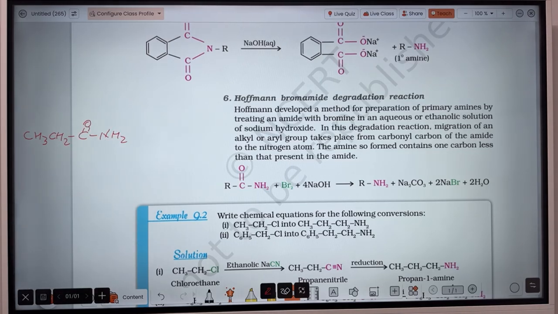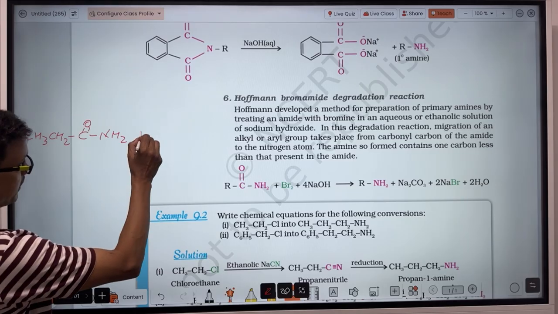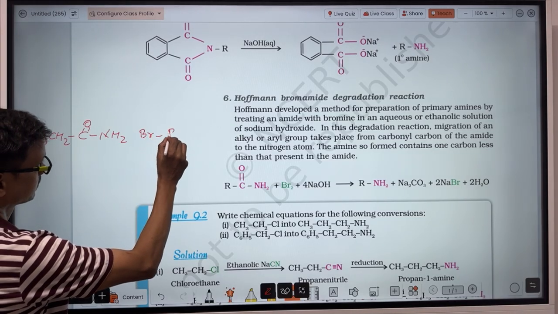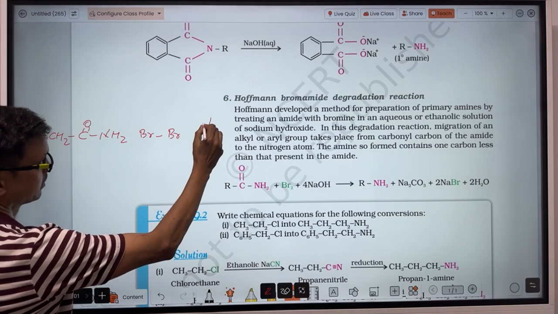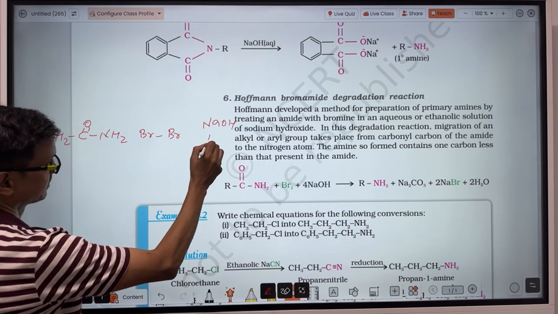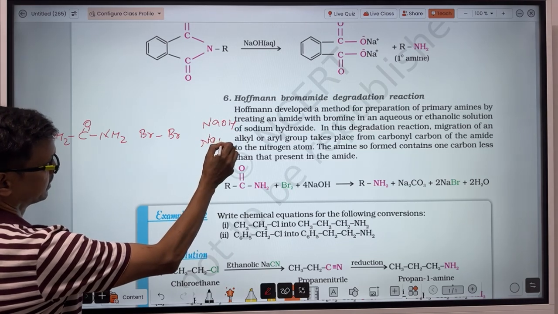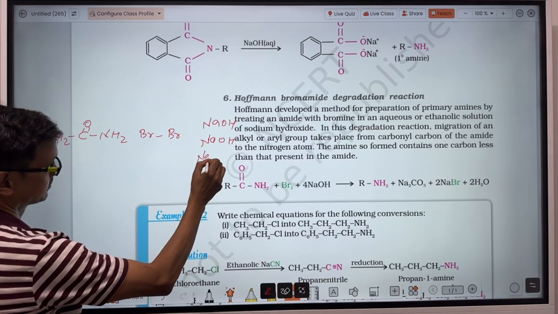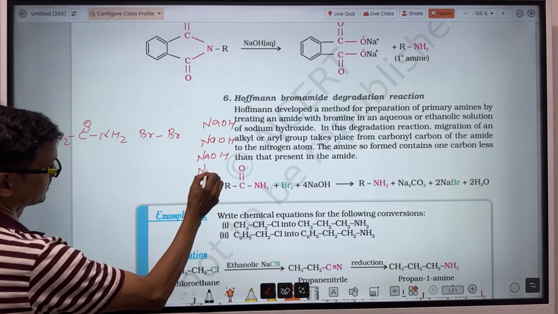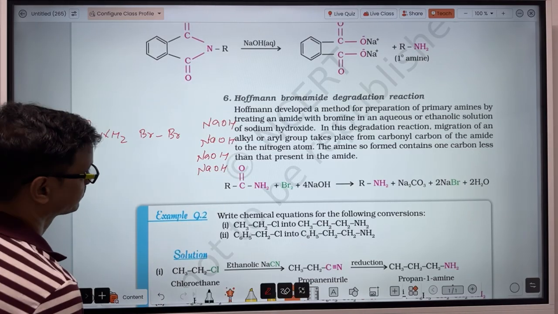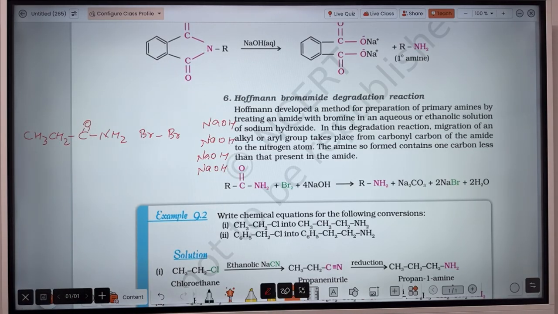That will react with 4 moles of NaOH and Br2. So here bromine, this bromine, NaOH, this one. So how does this happen?